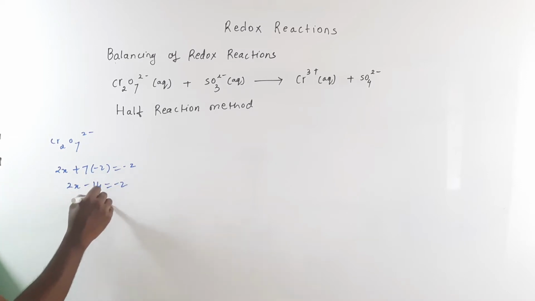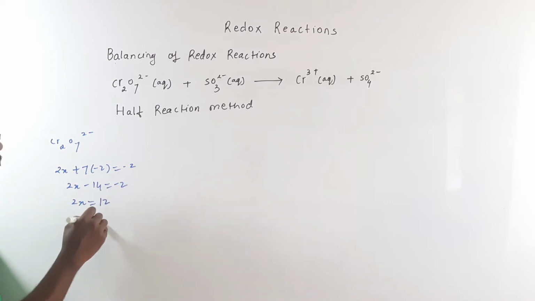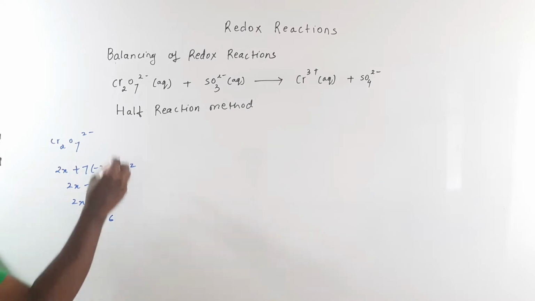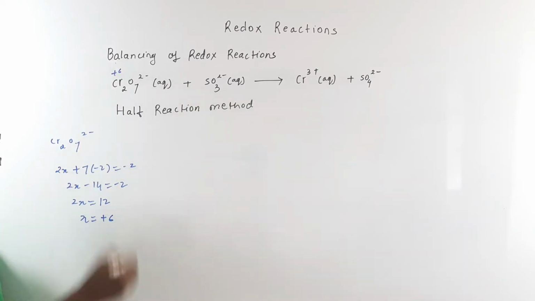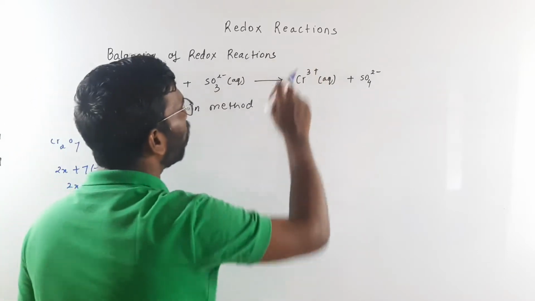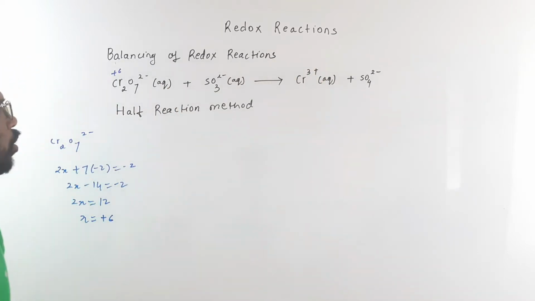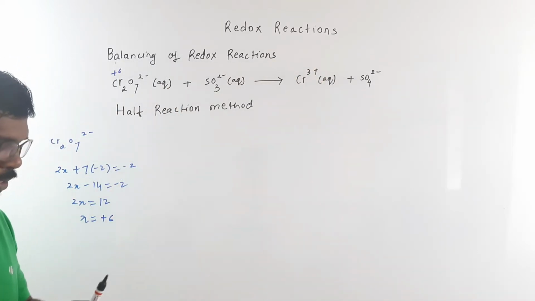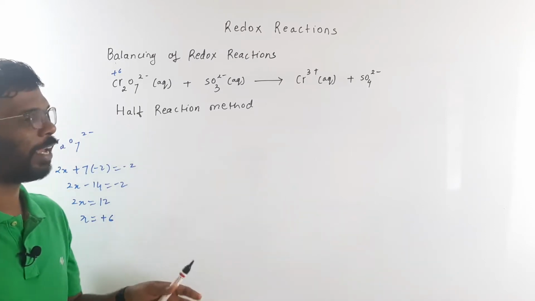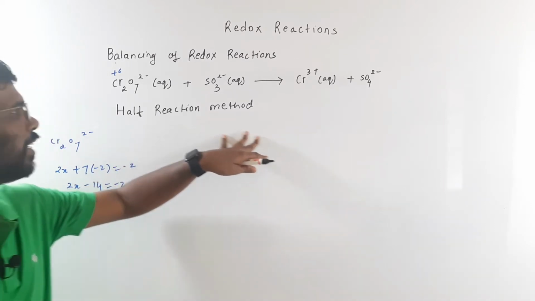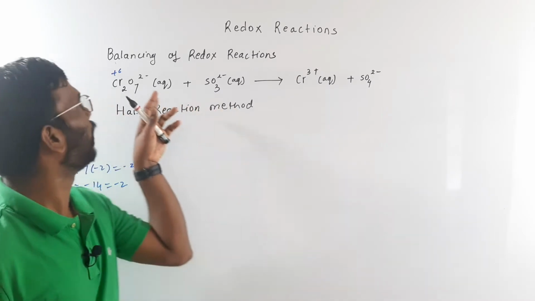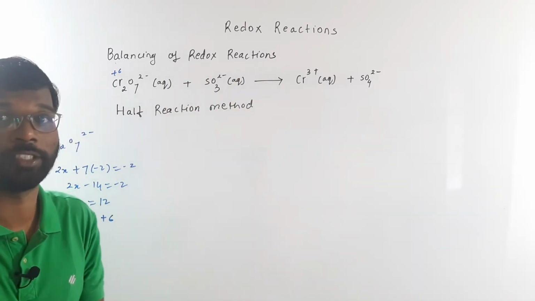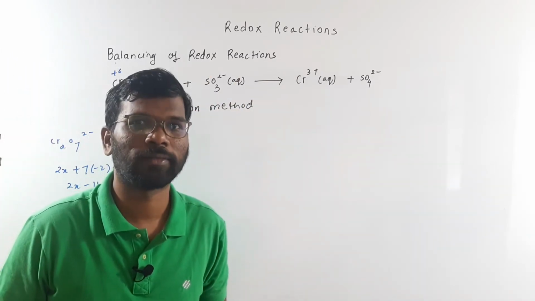So 2x is equal to 12, x is equal to plus 6. So here chromium is in the plus 6 oxidation state. It is getting converted to plus 3, which means there is a reduction, in the skeletal half reaction, it is getting reduced. So the reduction half reaction is what you are going to write.